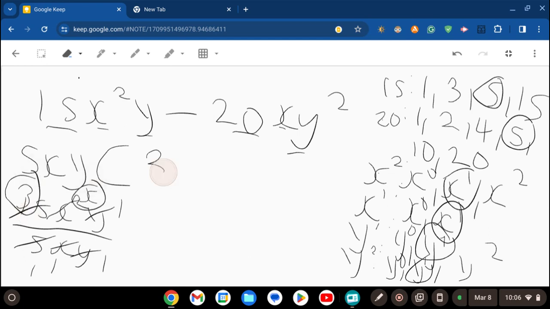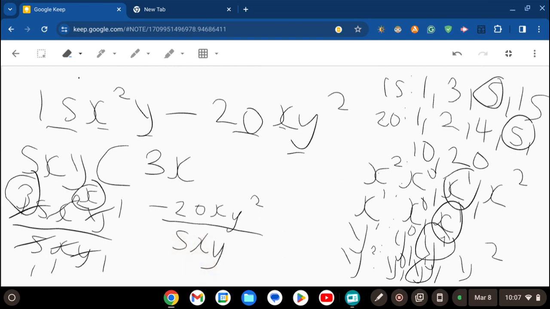Now we would see how many times 5xy can go into minus 20xy squared. That would be minus 20xy squared over 5xy.